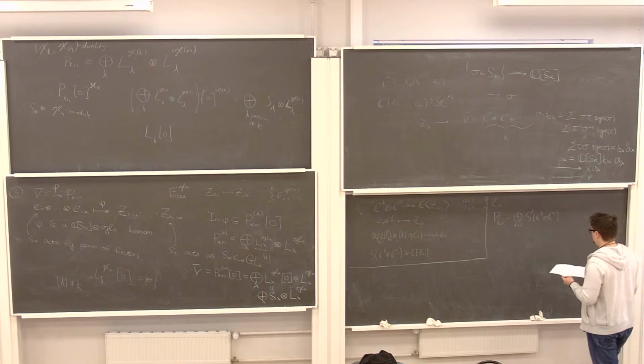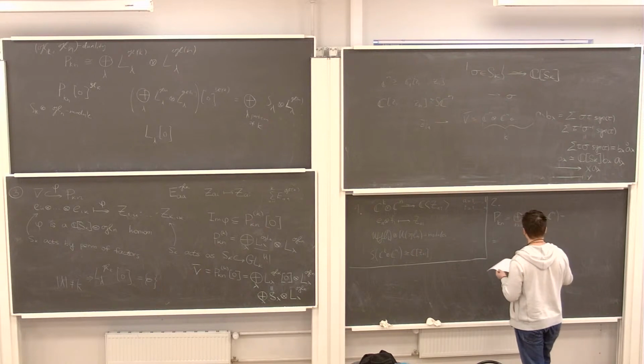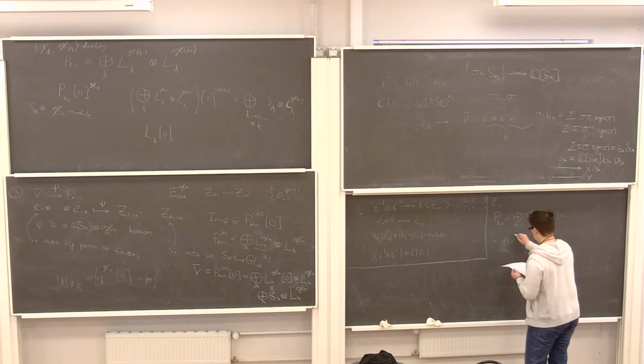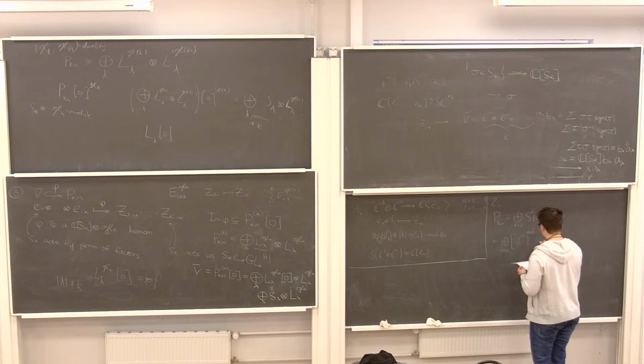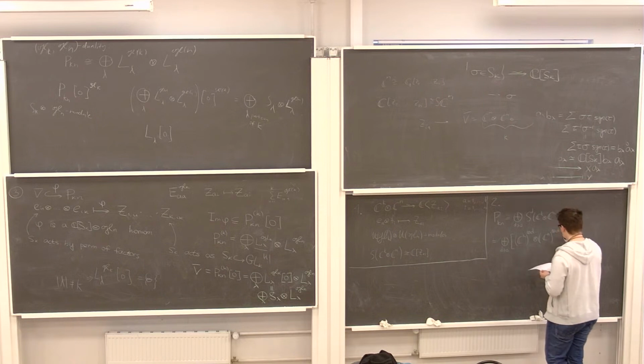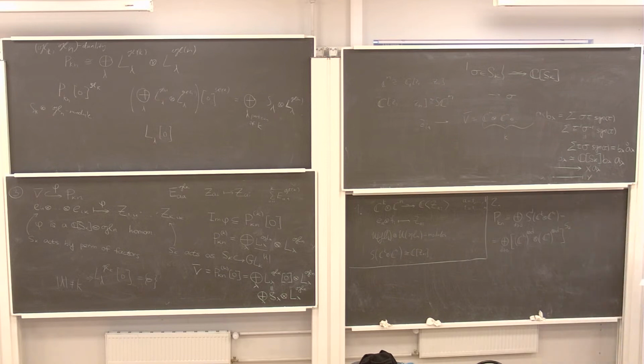Then we use the isomorphism from the list and write that this is: we need to take C^k to the d-th tensor power and tensor it by C^n to the d-th tensor power, and then take invariants by the action of the symmetric group S_d.